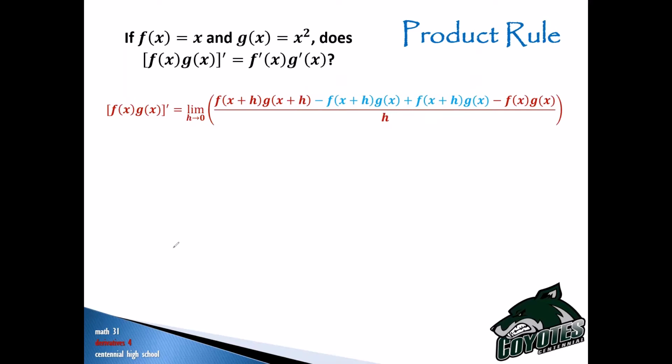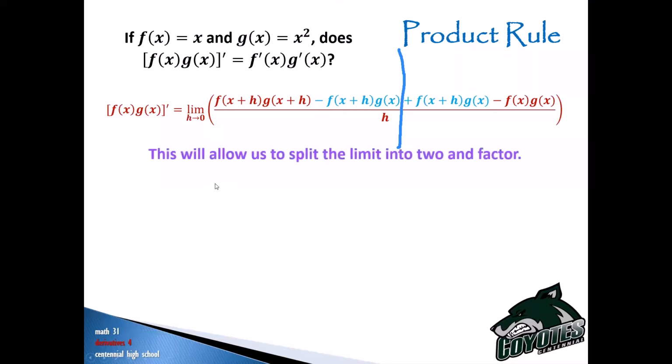Now, the next thing I want to do is split things right here, okay? So I'm going to split this into two separate limits. I'm allowed to do that, that was one of the limit properties that we dealt with way back when we went through limits.